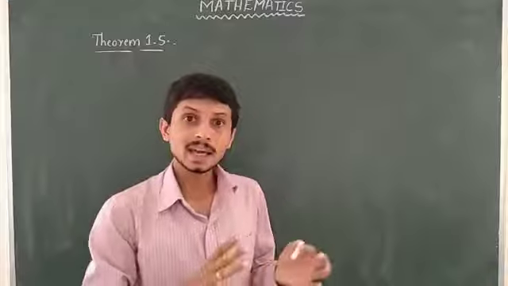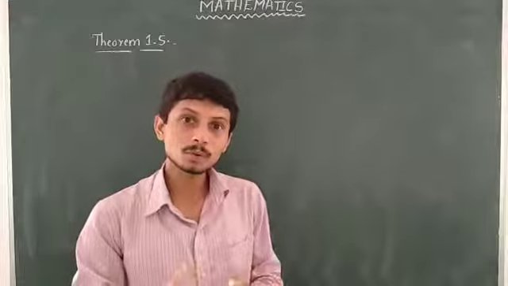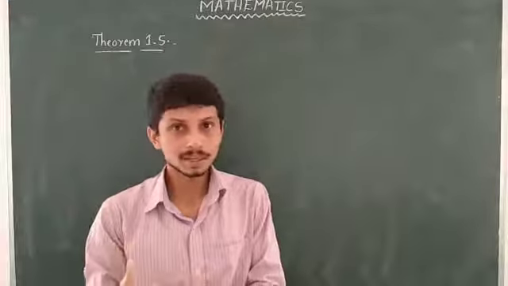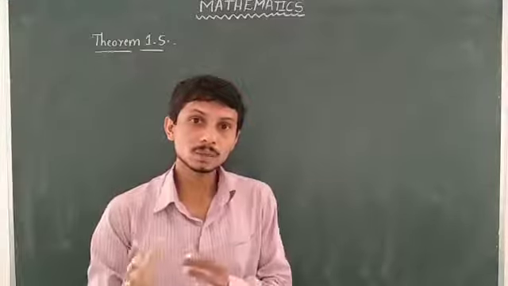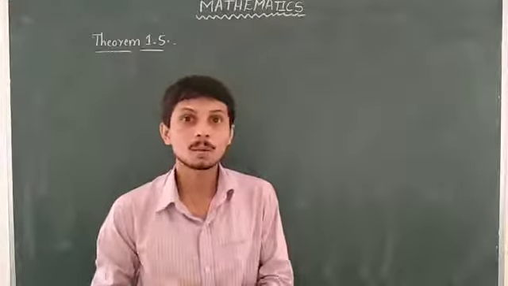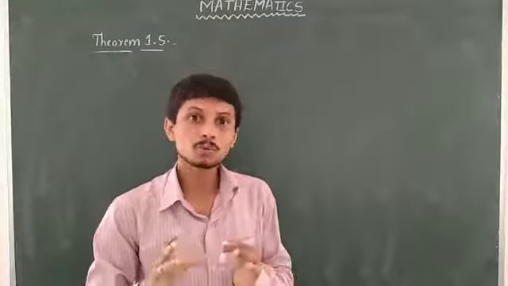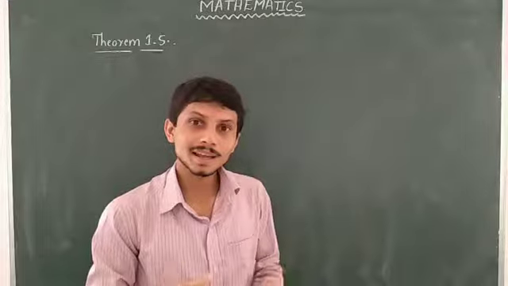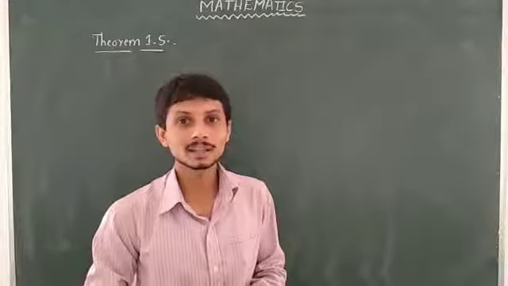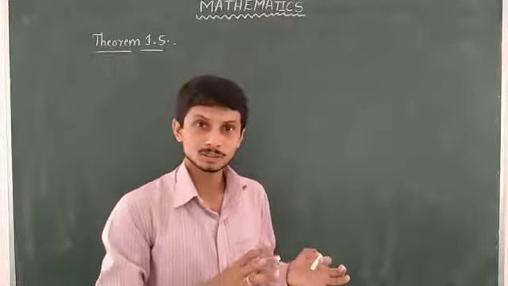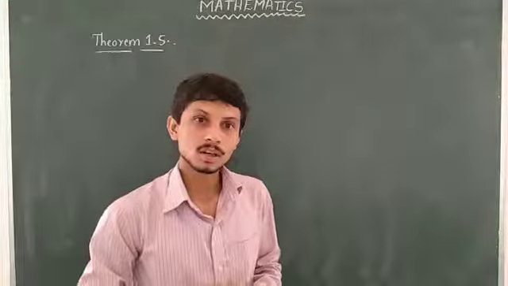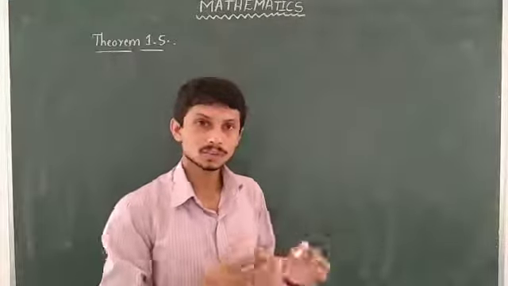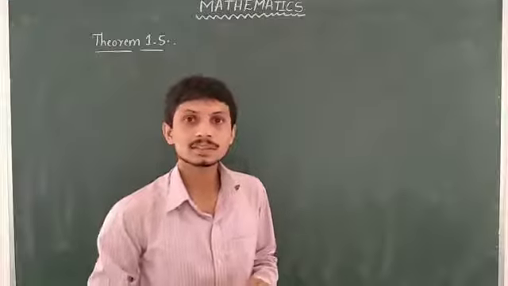Then x can be expressed in the form p by q, where p and q are co-primes, and the prime factorization of q can be expressed in the form 2 raised to n into 5 raised to m, where n and m are non-negative integers. It is quite a big statement, so I will write it one by one. Let us discuss this statement.